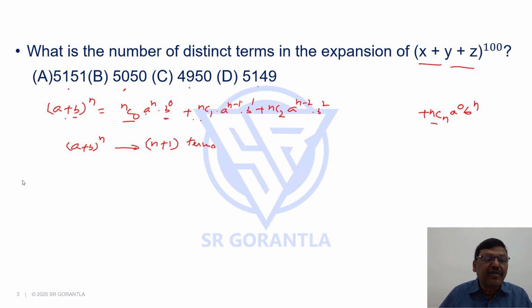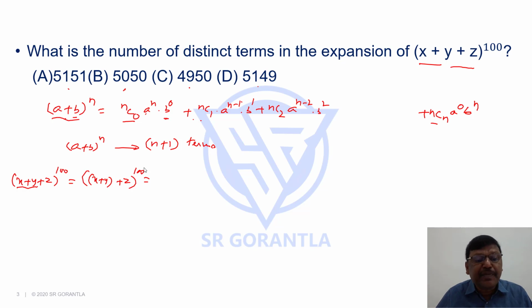Coming to our question, (x + y + z)^100. If I consider, we'll write x plus y as one term. So we can take x plus y as a single term for some time and z as the second term, whole power 100. Now we'll use this (a + b)^n expansion. In the place of n I have 100.